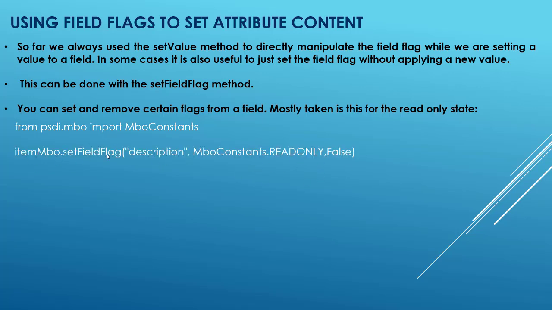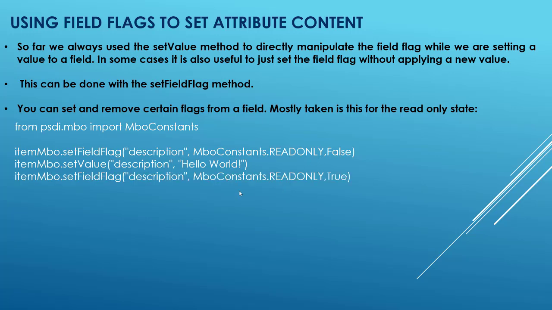You can call the setFieldFlag method and set read-only to false, or you could set this flag to be true. Here read-only is false, here is true, so you can't edit the field in this case.